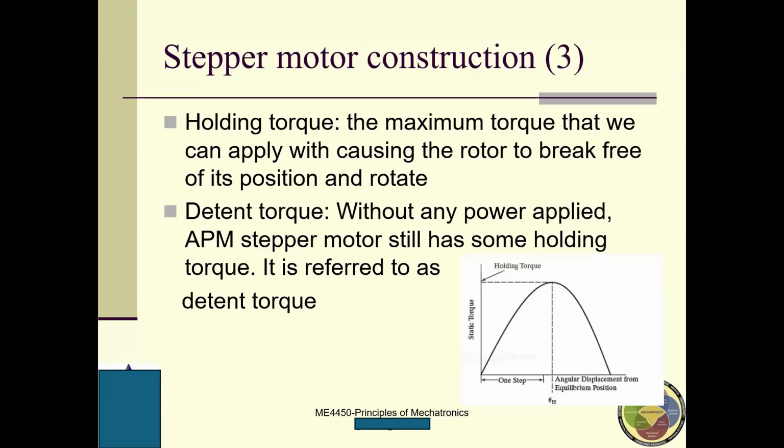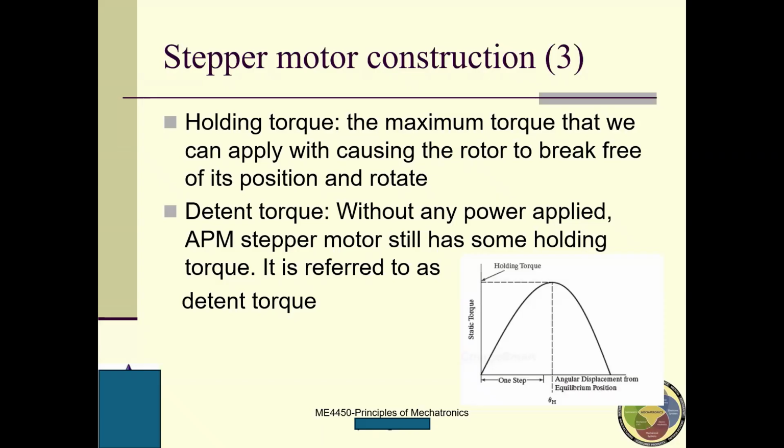Holding torque means that when my output shaft is fixed in this position, how much torque you need to apply to let it move, without causing the rotor to break free. So this is the first concept.